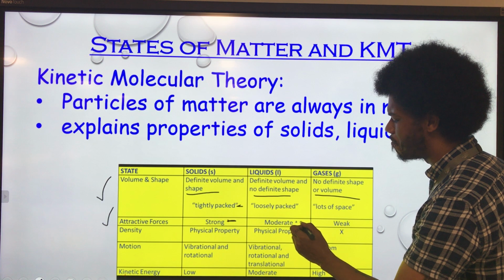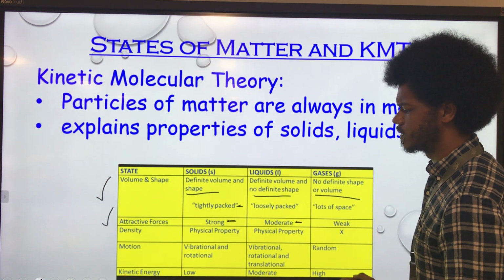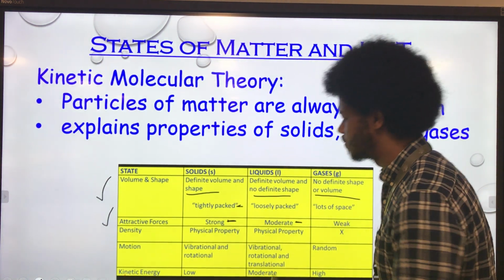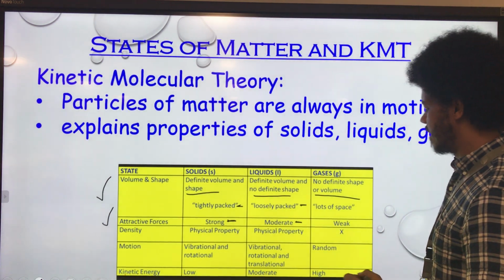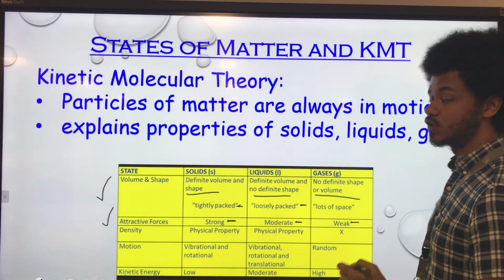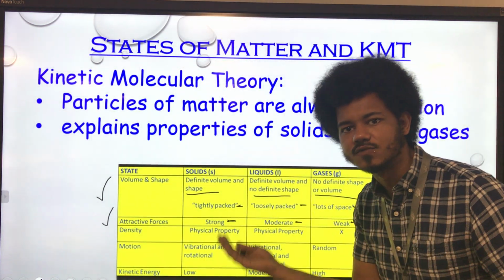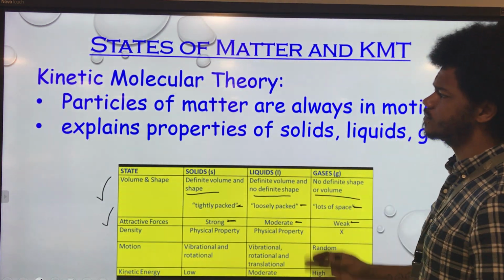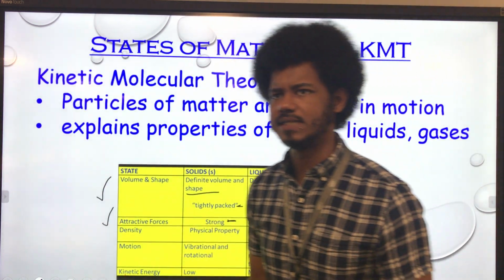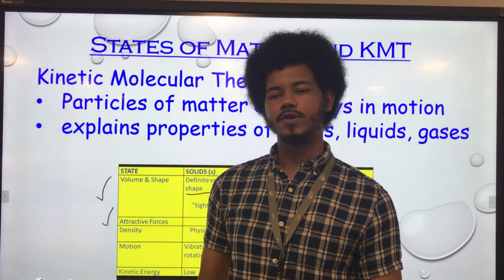Then we have moderate attractive forces for liquids, and that's why liquids are loosely packed. And then weak forces or no forces at all in the case of a gas, and that's why gases have lots of space within them.